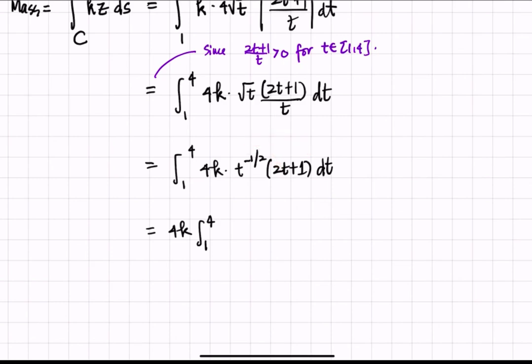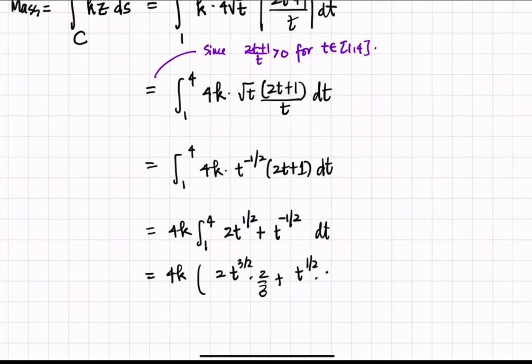So, you get 2t raised to 1/2 plus t raised to negative 1/2 dt. Integrate: 1/2 plus 1 is 3 over 2, times 2/3, plus t raised to, you add 1 to negative 1/2, you get 1/2. Evaluate from 1 to 4.